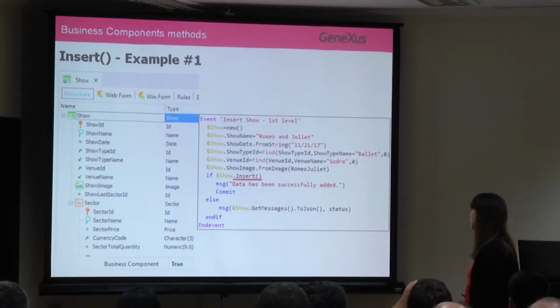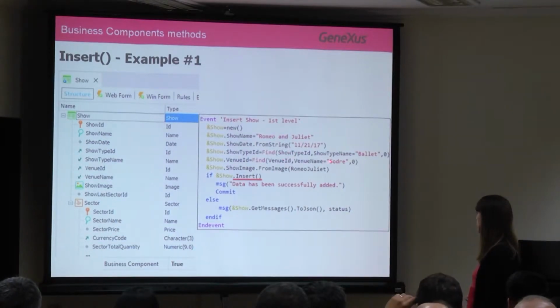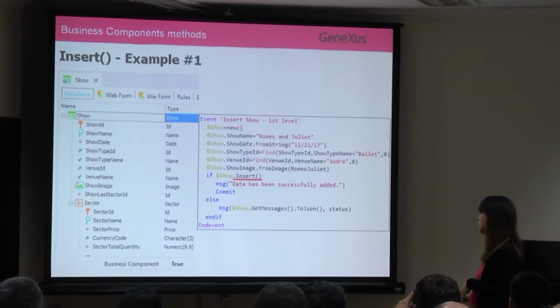But here, I'm not assigning anything to the identifier because it's auto number, then the name of the show, Romeo and Juliet, the kind of show. Here I do a find in order to search whether it's a ballet, and then I find the ID, then the identifier, an image for the show that I'm going to upload, an image that was first imported in the knowledge base.